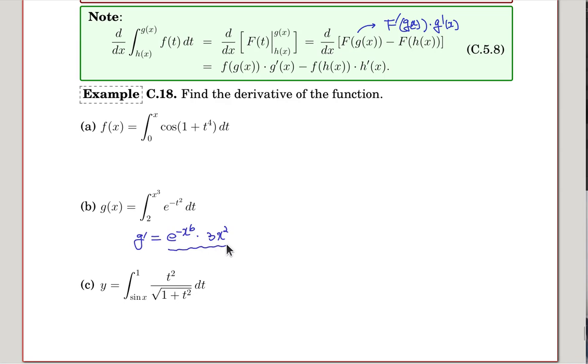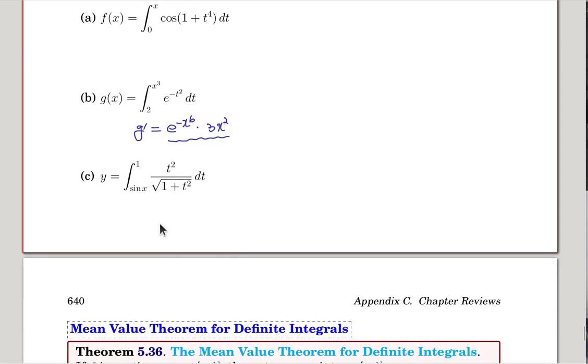So that's the final answer. For this one, if we start with y prime, the constant part will be 0. Now minus, here we replace t with sine x, so that is sine squared of x divided by the square root of 1 plus sine squared x, and then times the derivative of sine x, which is cosine x. Right? That's the final answer.